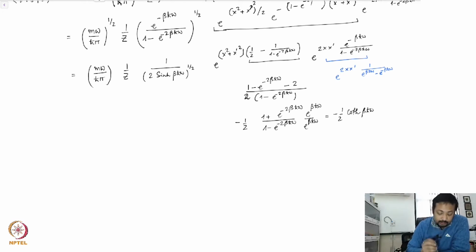The goal is now, well, we can write down x square plus x prime square as (x plus x prime) whole square minus 2x prime, and we also note that (x plus x prime) whole square minus (x minus x prime) whole square is going to be 4x prime.